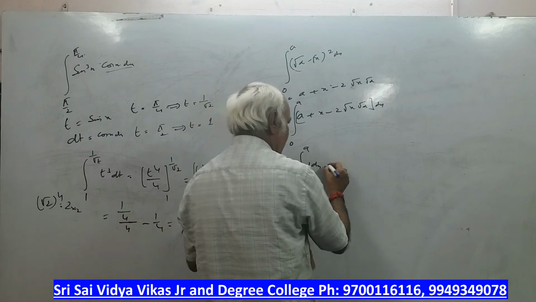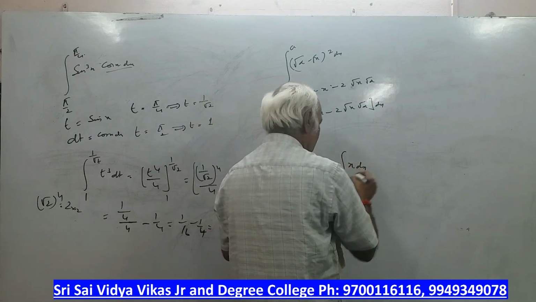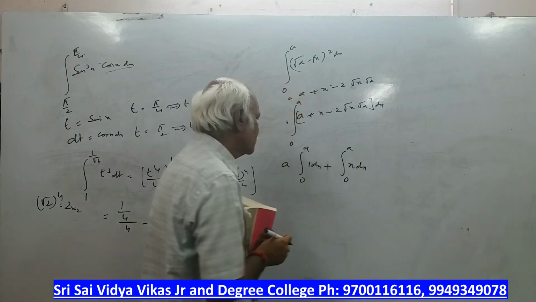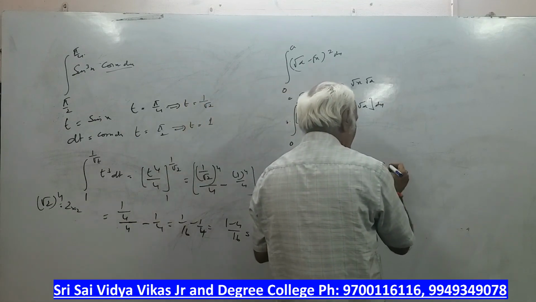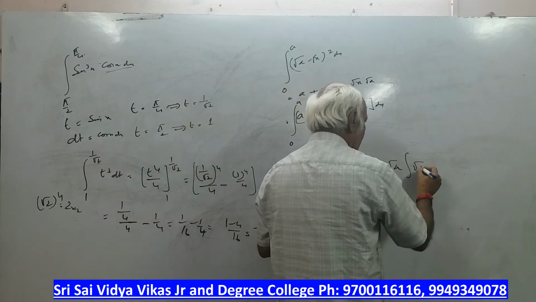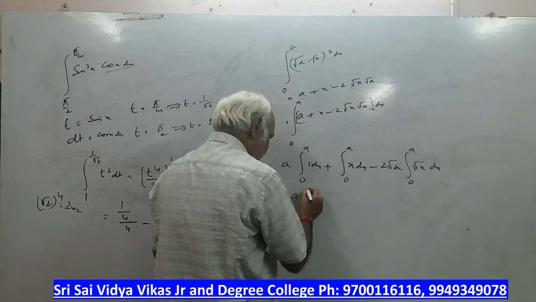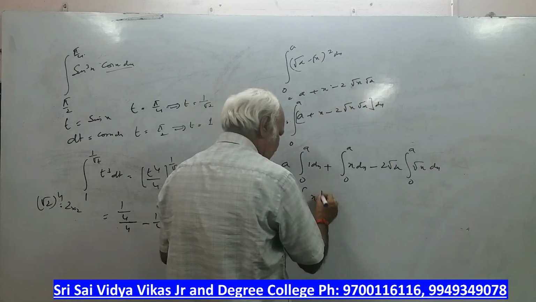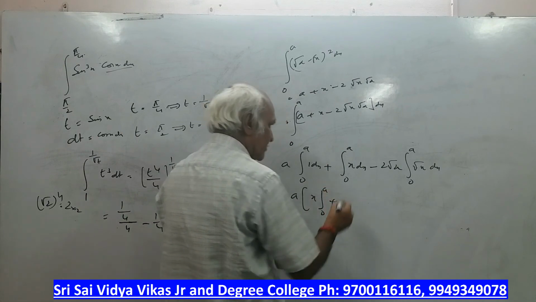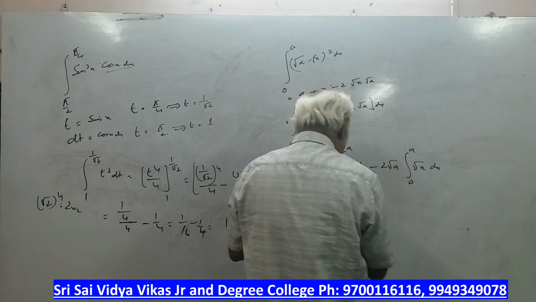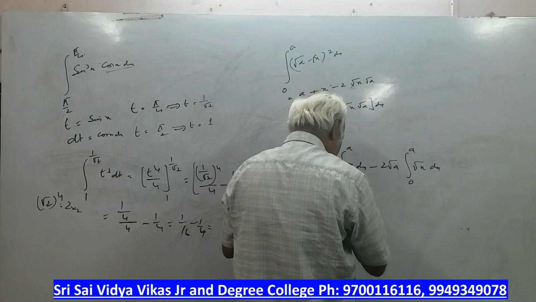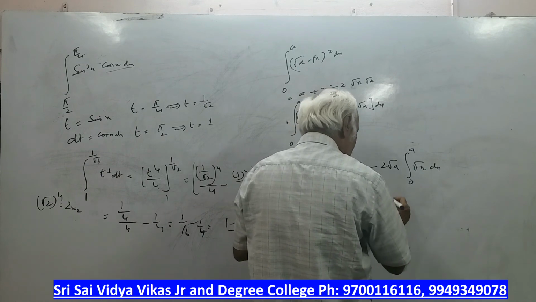So I will separate them. 0 to a a, plus 0 to a x, minus 2 root a outside, root x 0 to a. So this becomes a into 1 dx is x 0 to a, plus integration x square by 2 0 to a, minus 2 root a.